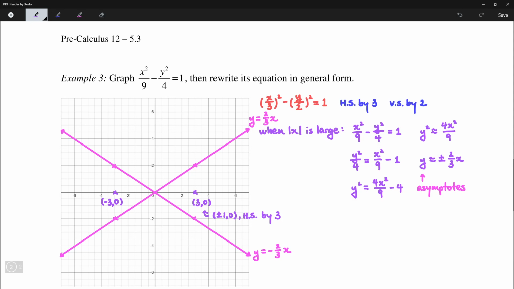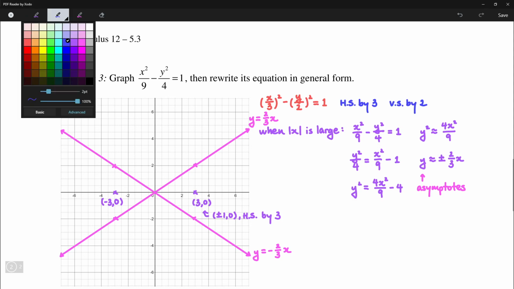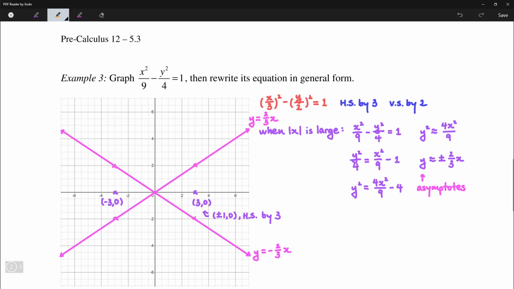After that, the rest of the graph is a matter of using the table of values to determine some additional points. Okay, so I'm going to go ahead and draw in some additional points that were found previously using a calculator and a table of values. So something like this.